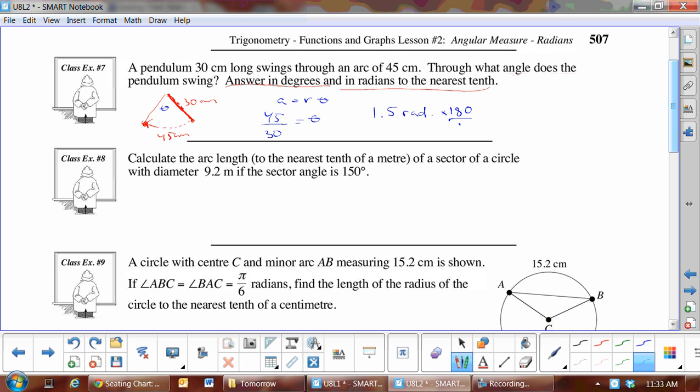Multiply by 180 over pi, because I need degrees on the top, don't I? So 1.5 times 180 divided by pi. What do I get? 85.9 degrees. And with 1.5, we should be getting up to around the 90 territory, right? Because there's 1.5, 2, 3, 3.14.